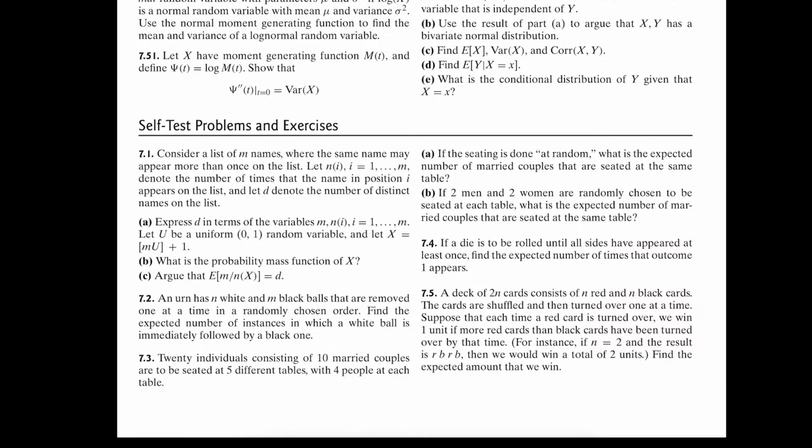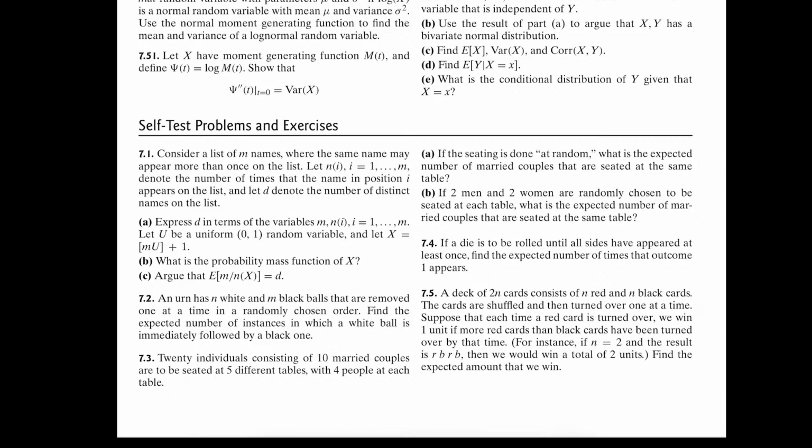And then for number 4, if the die is rolled until all sides have appeared at least once, find the expected number of times that the outcome 1 appears. So there you're rolling a die, and x would be the outcome of the die.